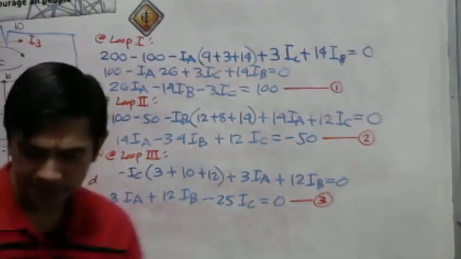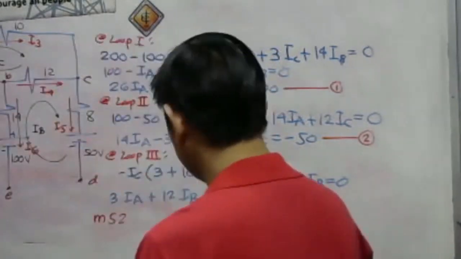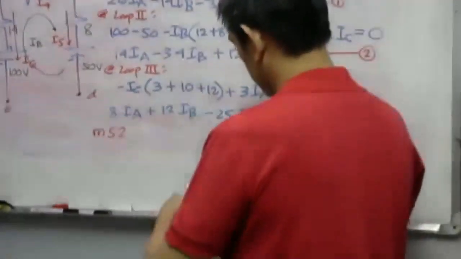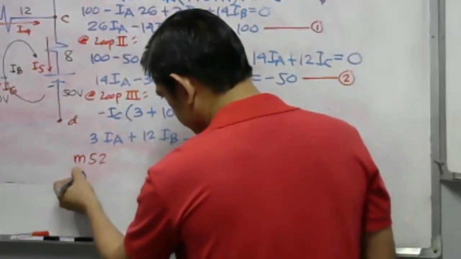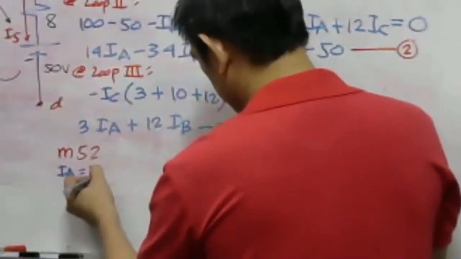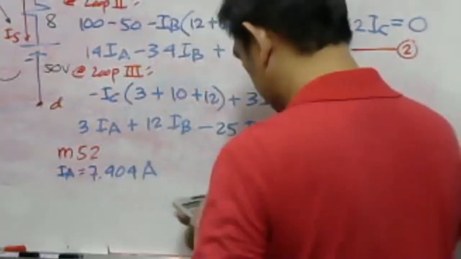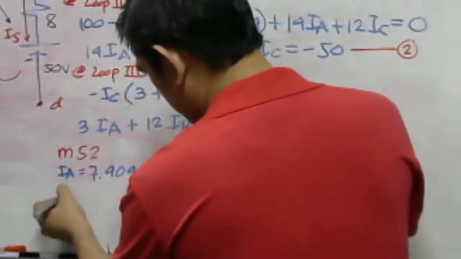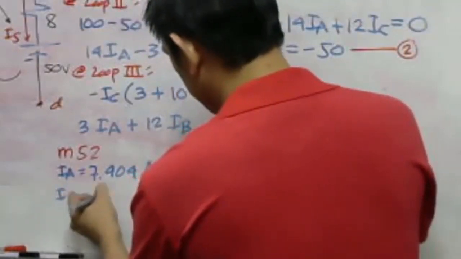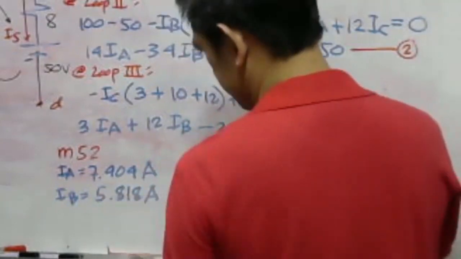So our x now, or our IA, is 7.404 amperes. Then another equals, that is our y, which is our I sub B, 5.818 amperes.